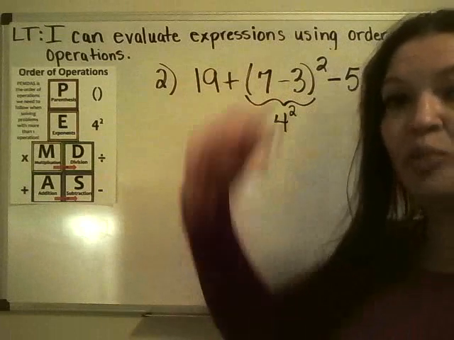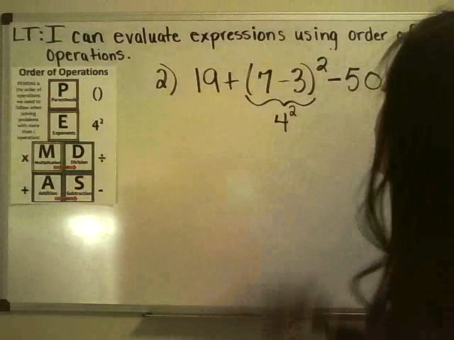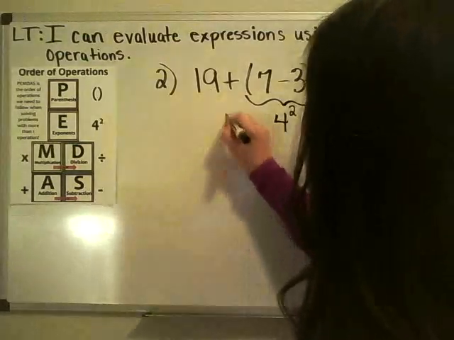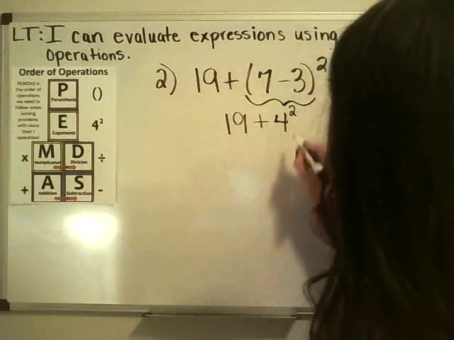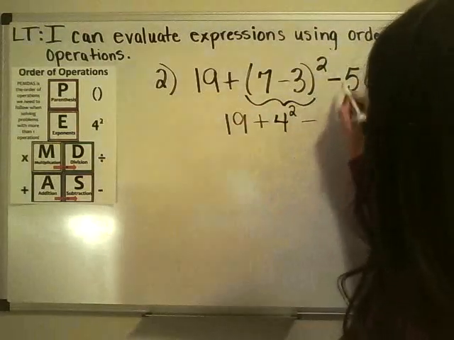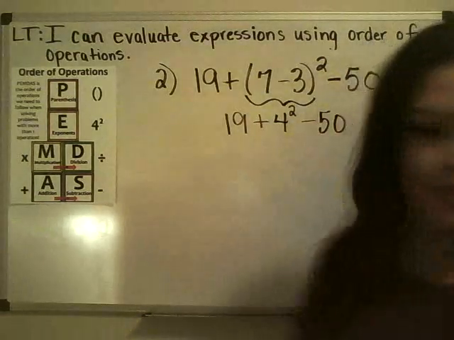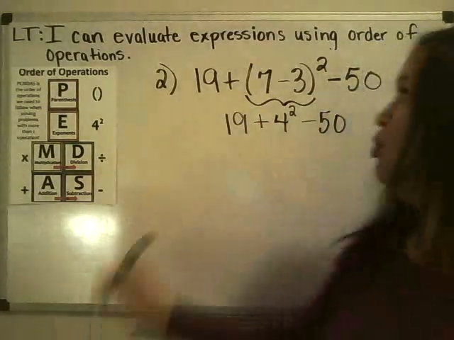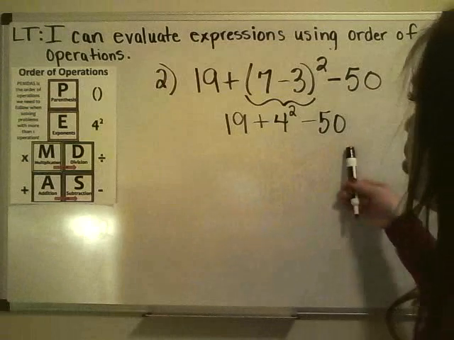All right, take a moment, bring down all the operators and the terms that you have left in the exact order that they're in. So that 19 comes down. 19, we got a plus sign, we have a minus sign, and then a 50. Okie dokie. What do we solve next? Parentheses are done. What do you have in your expression?